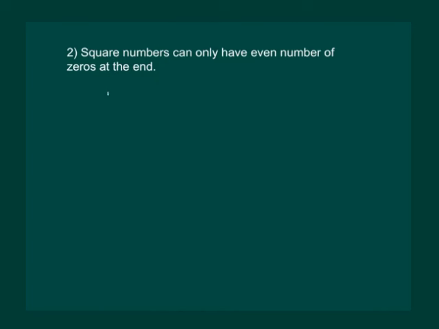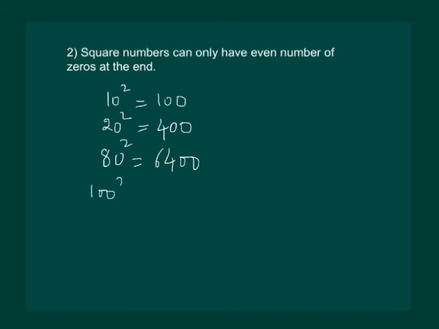Let us take 10 square, which will be 100. If we take 20 square, it will be 400. Let us take 80 square, that will be 6400. Let us take 100 square, that will be 10,000.